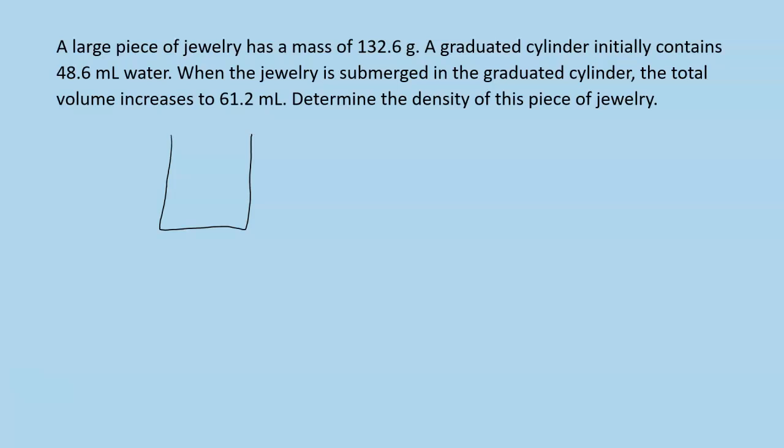Technically it's a graduated cylinder, so it may look a little bit taller and skinnier than what my picture has. But it initially contains so much water, and that water level is right at 48.6 milliliters.